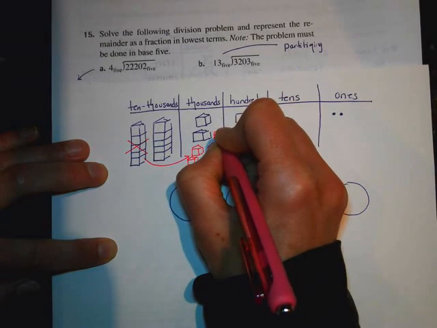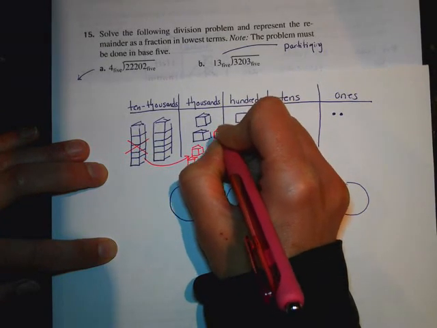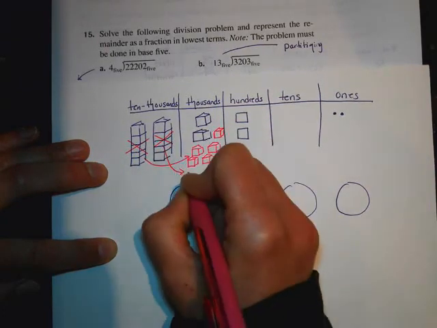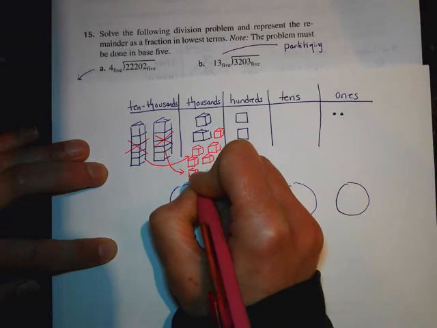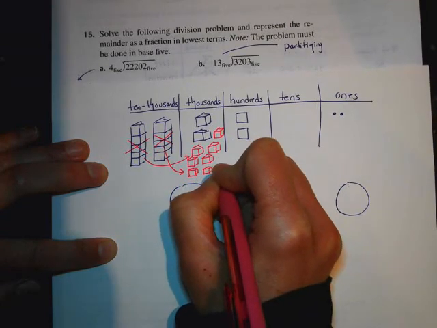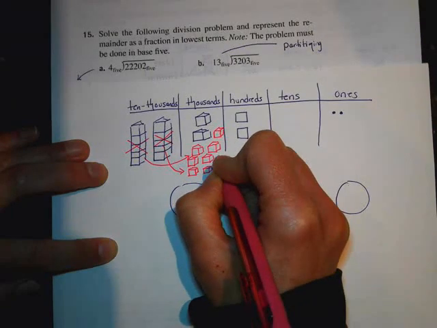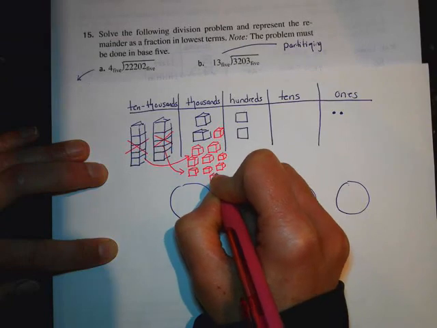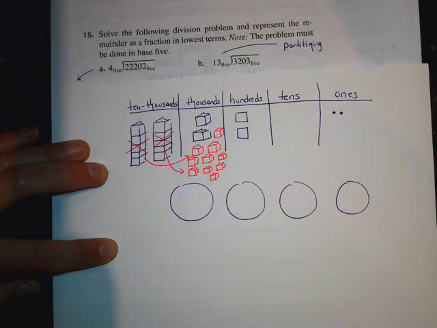I'll stick one more here. And then this one is going to provide us with 5 cubes. So 1, 2, 3, 4. One more. I'll squeeze it right here. 5. Okay, so I can actually share those though, right?